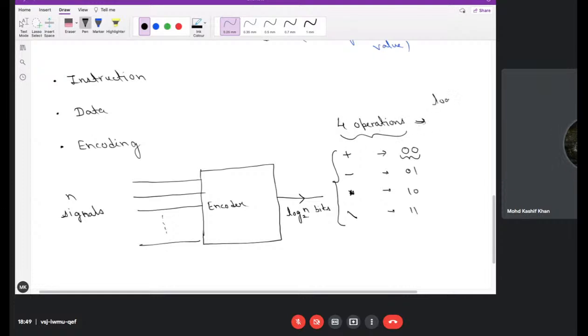Each operation can be represented using log 4 base 2 bits. Log 4 base 2 means 2 bits. So if there are n signals, the encoder will encode them into log n base 2 bits. So just write the heading encoding, draw this diagram, giving n signals as an input to the encoder, and the output will be log n base 2 bits.